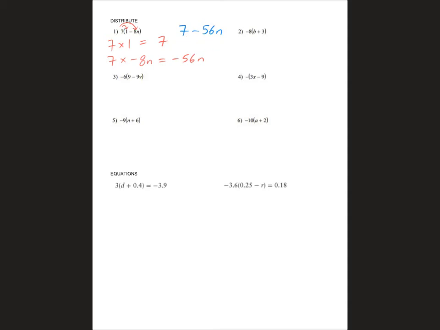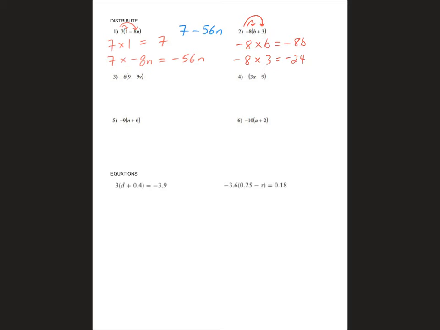So we've got -8 times b and -8 times +3. So this is going to give us -8b, and this is going to give us -24.